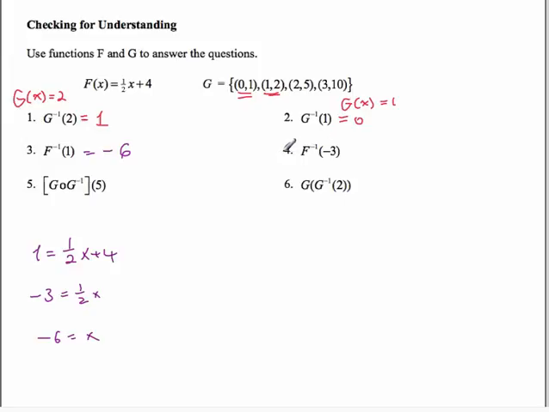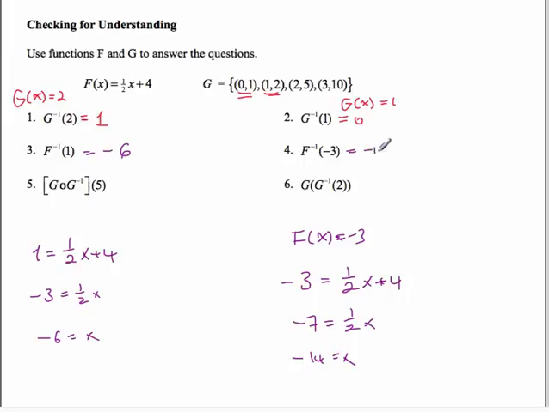There's another question just like it. So y value, f of something, is negative 3. What's the x value? Well, let's solve it. Negative 3 is 1 half x plus 4. Solve for x here. So subtract 4 from both sides, and then multiply by 2 on both sides.